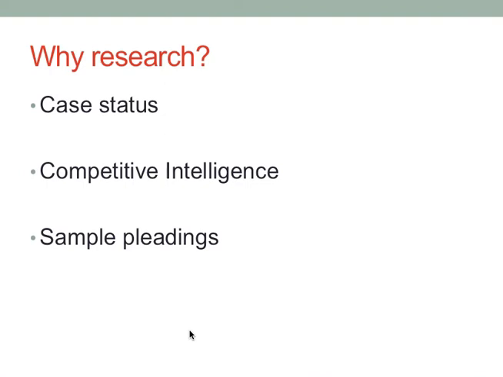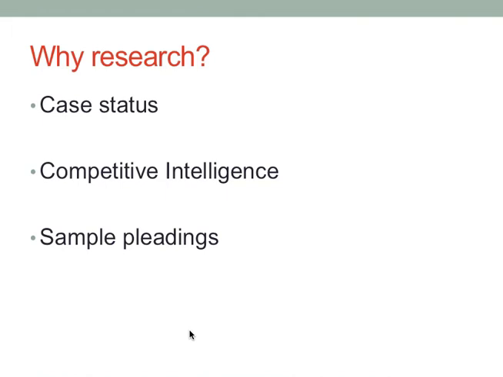The second reason is competitive intelligence. So if you're appearing before a judge and you want to see how they've ruled in similar cases, you can look up the underlying filings to see how the judges have interpreted certain motions, for example. Or you might want to look and see the pleadings that your opposing counsel have filed in similar cases. So that might be another reason that you do competitive intelligence.